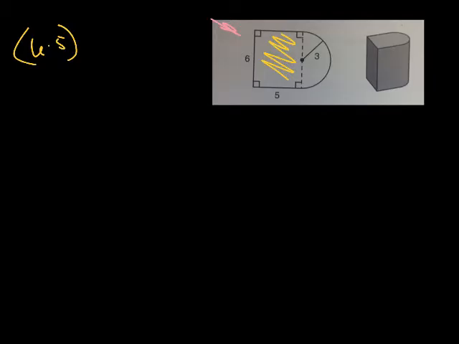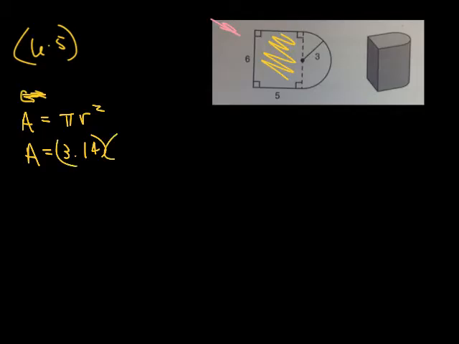And the area of a circle is A equals pi r squared. So pi is 3.14, and the radius is 3, and we're going to square it.